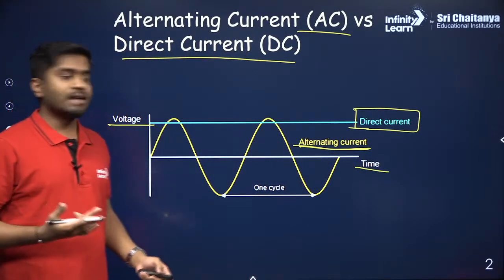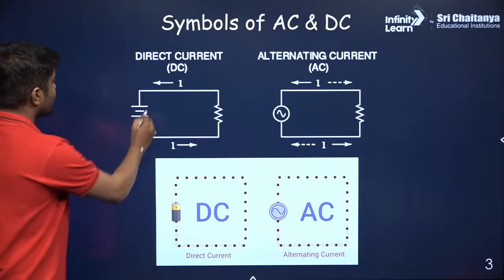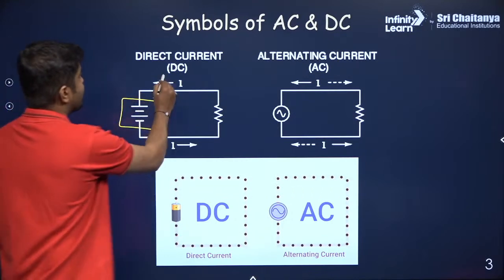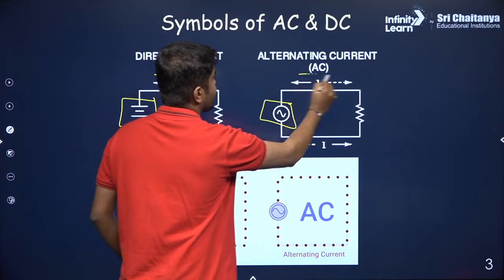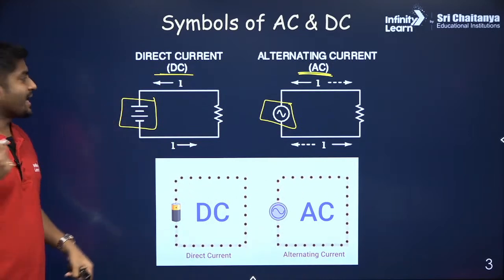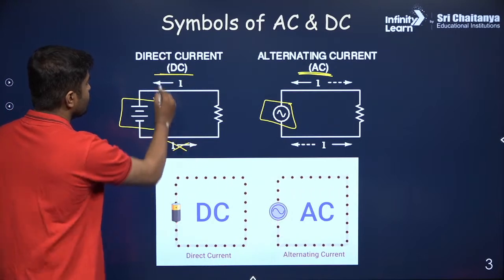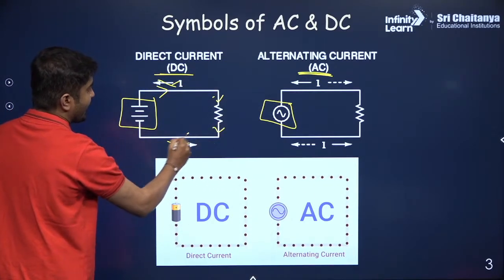So let's understand more about these two. You see here, there is a direct current. We use the battery. Whenever we have a battery, there is DC, and this other symbol is used for AC. When you have the battery, you can show the direction of current. Current flows from the positive terminal and comes back to the negative terminal, correct?